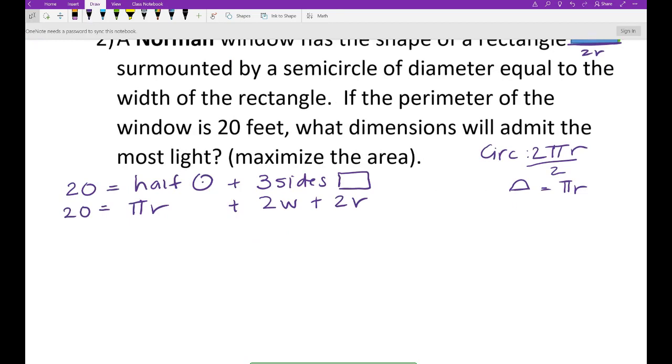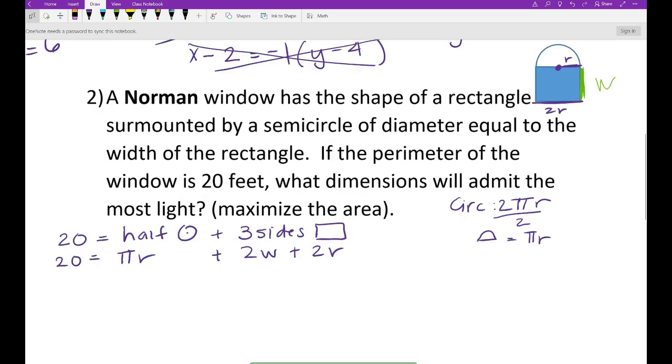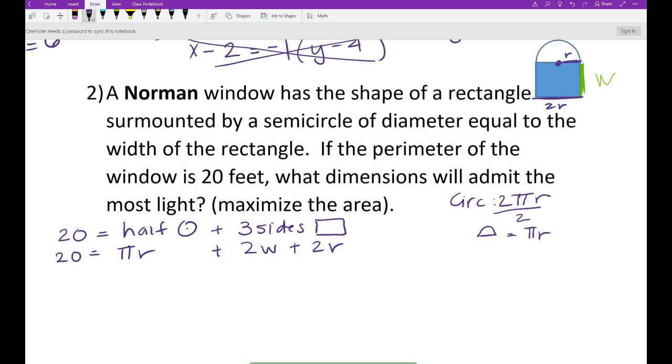I'm not interested in the perimeter. I'm looking for what kind of window is going to give me the most light in my house, right? So that means what? Maximum area. So area of this one equals half a circle, would you agree? Plus a full rectangle. Yes or no? Perfect.